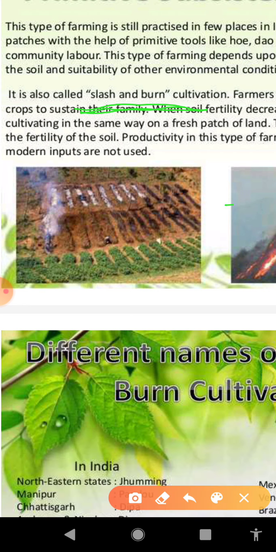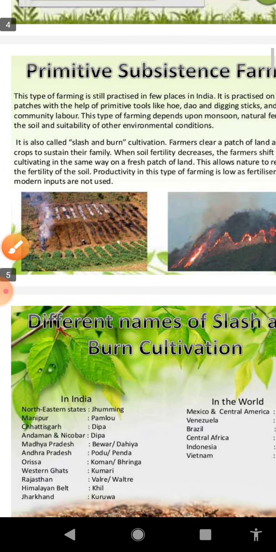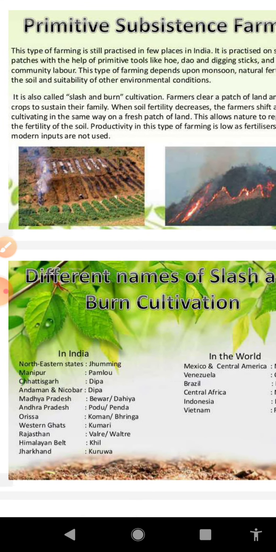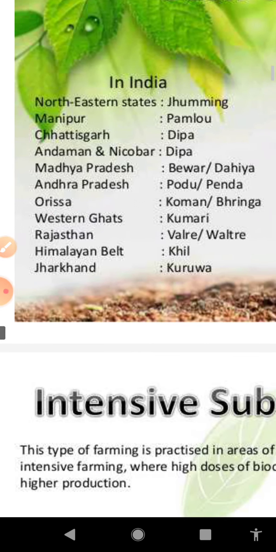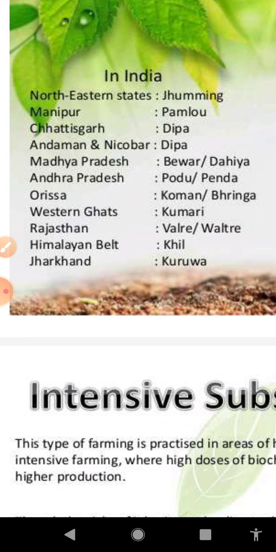This type of agriculture is known by different names in different parts of our country and also in different parts of the world. In India, the shifting agriculture is known as jhumming in northeastern states like Assam, Meghalaya, Mizoram, and Nagaland, Pamlou in Manipur, Dipa in Bastar district of Chhattisgarh, and Andaman and Nicobar Islands.